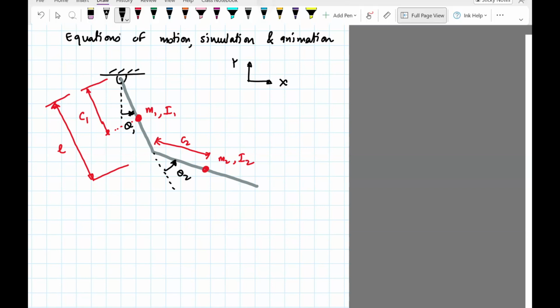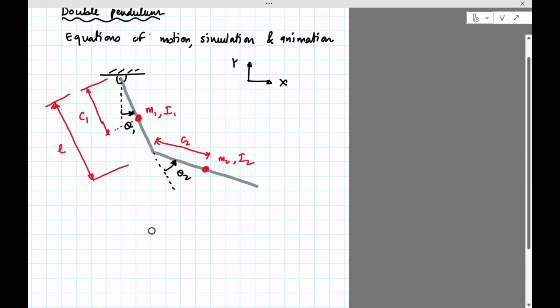Okay, so now that we have this, let's draw the coordinate axes. Since there are two links, I would stick with two frames, and then I need to draw the ground frame. So let this be the ground frame, x0, y0. For the first frame, we will draw the x-axis along link 1, the y-axis at right angles, and then we'll choose this to be x2 and this one to be y2.